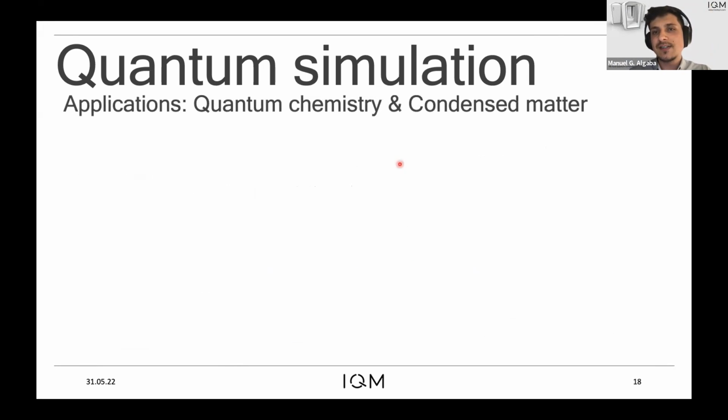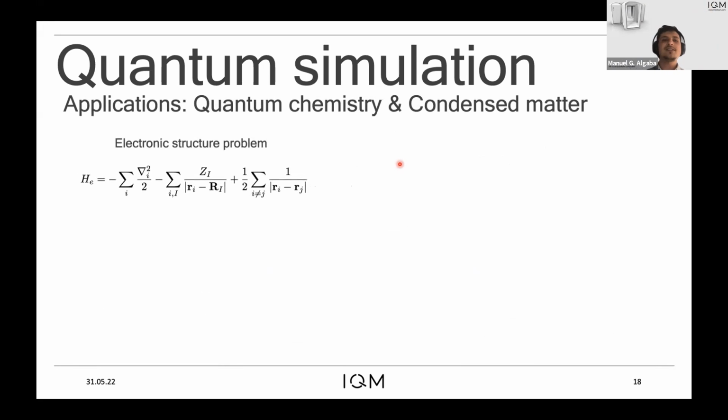So the main applications of these quantum simulation techniques are, of course, quantum chemistry and condensed matter. One of the most prominent is the electronic structure problem. I'm sure you have seen this kind of Hamiltonian in electronic problems, where you decouple your nuclei degrees of freedom from the electronic ones, and then you just have this Hamiltonian.